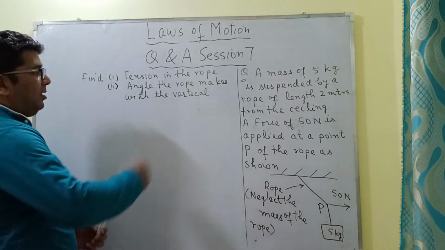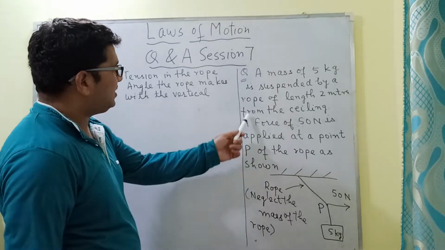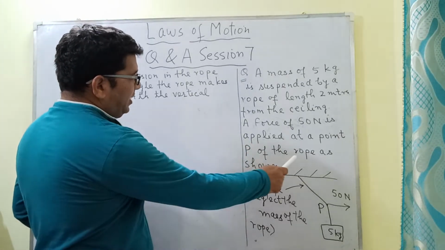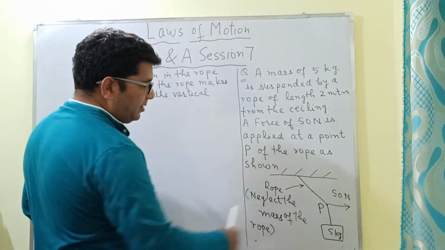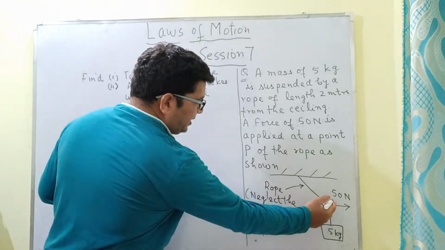So the question is, a mass of 5 kg is suspended by a rope of length 2 meters from the ceiling. A force of 50 Newton is applied at the point P of the rope as shown in this figure.